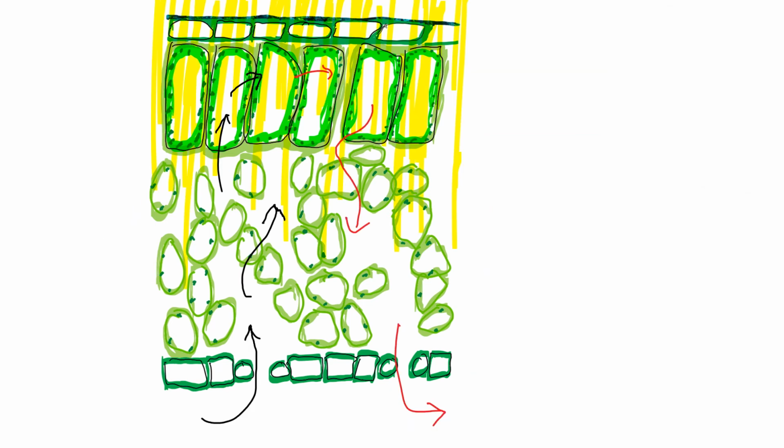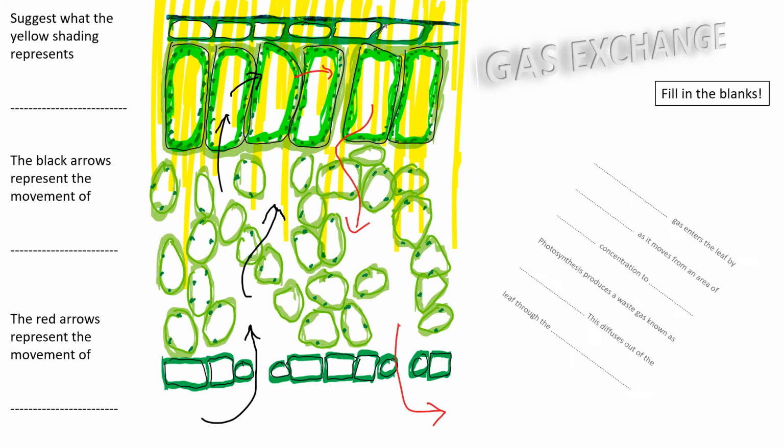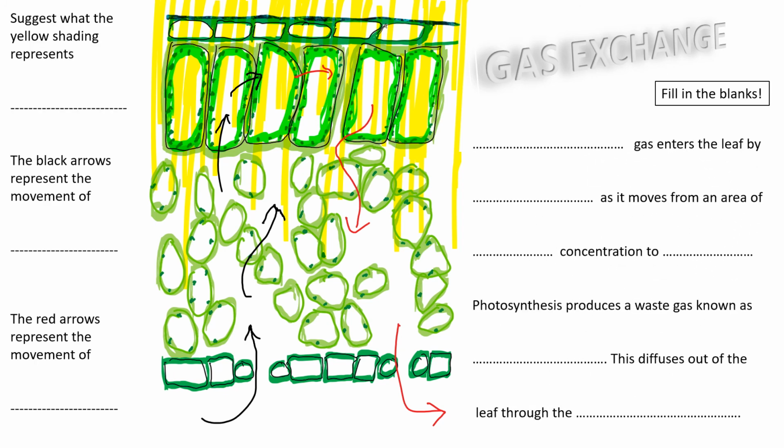Now, the movement of oxygen and carbon dioxide is hinted at for the moment, because I'm going to ask you a question about that, by these arrows in the diagram. So if you think back to what I was saying on the previous slide, you should be able to associate the movement of these gases, which we refer to as gas exchange, similar to the lungs in many ways, only in reverse.